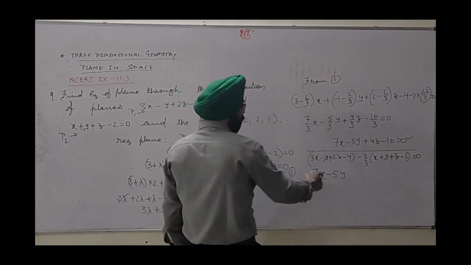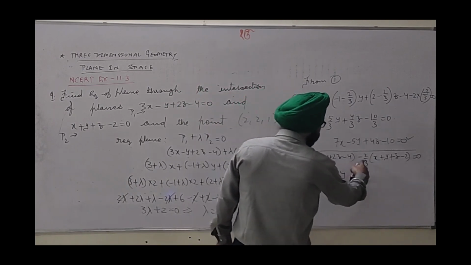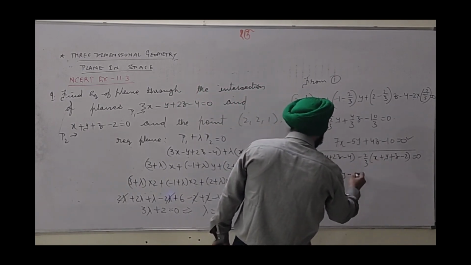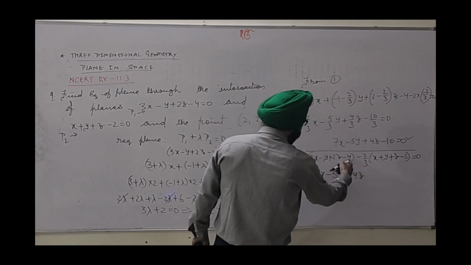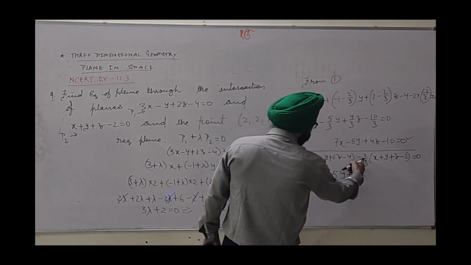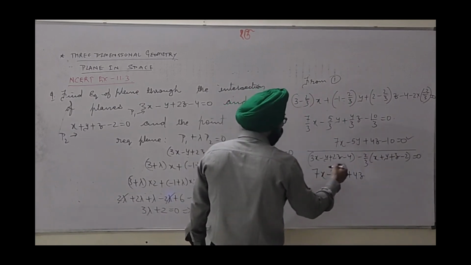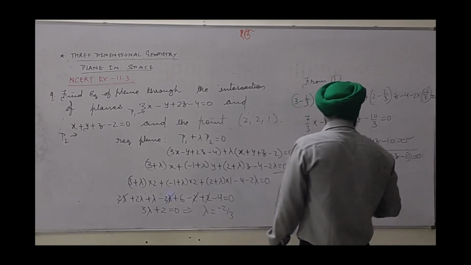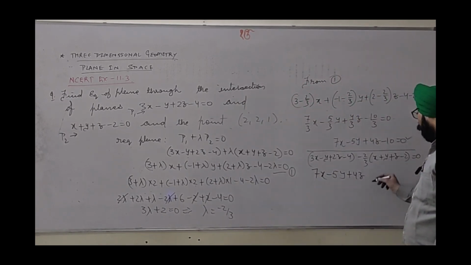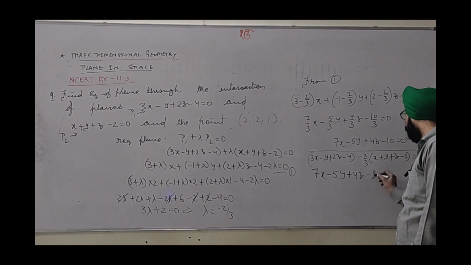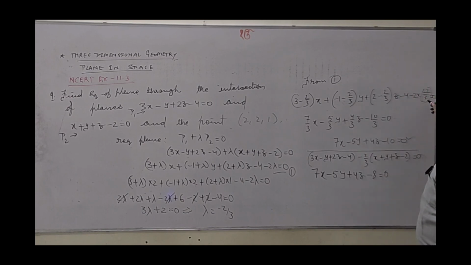You can check 3 2s are 6 and this minus 2 makes plus 4z, and 3 4s are 12 minus 12 and minus 2 into minus 2 plus 4. So minus 12, it is plus 4, it will be minus 8, is it so? It is 3 4s are 12 plus 4.